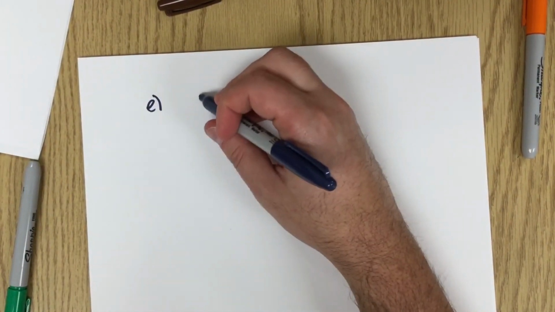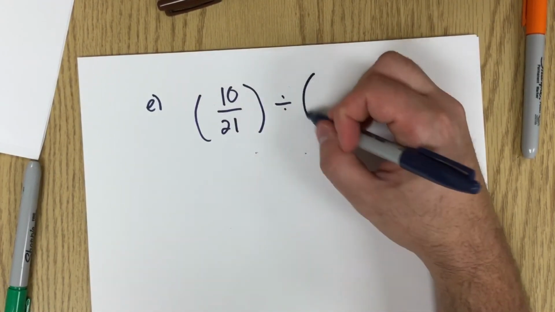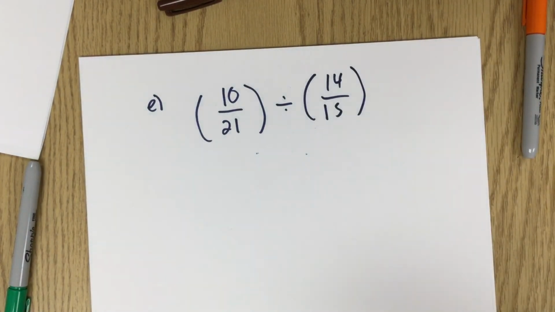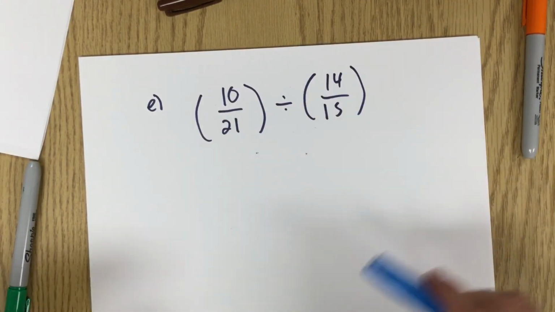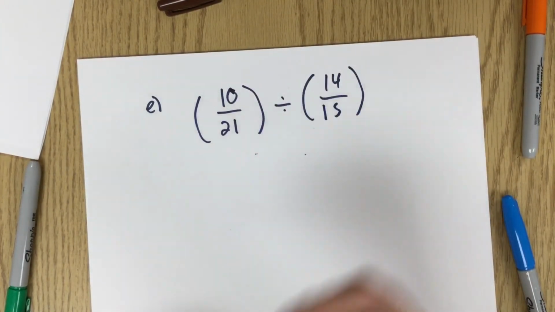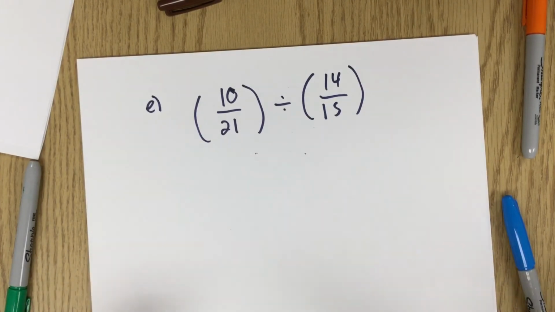Let's say we have 10/21 divided by 14/15. Now, it might be tempting to cancel the 10 and the 15, because they could both be divided by 5. That's a 10, by the way. It's not a 6, that's a 10. So it might be tempting to cancel those, but you can't because it's a division.